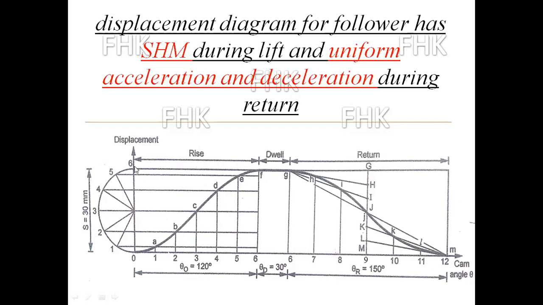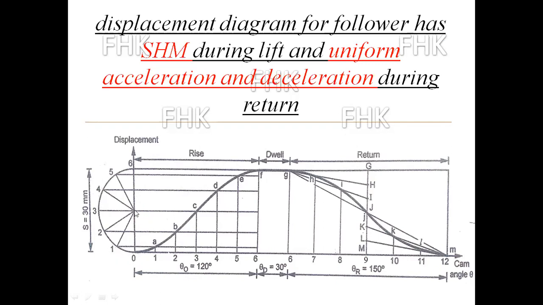Next step, I divide the displacement, which is 30 mm, into two equal parts. That is, I bisect the 30 mm line. This is the center of the half circle.